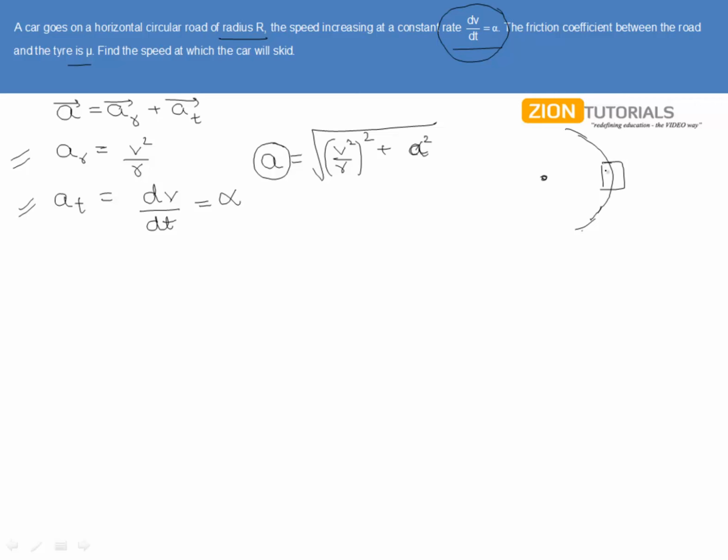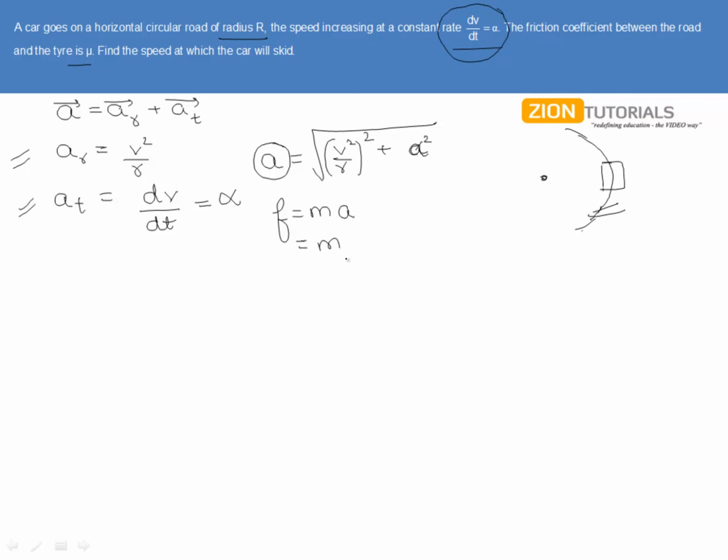So this is provided due to the necessary friction which is provided by the road on which this car is actually moving. So friction is responsible for all the forces, rather the required centripetal forces that is given to this car. So we can say that the necessary frictional force is equal to mass into acceleration.